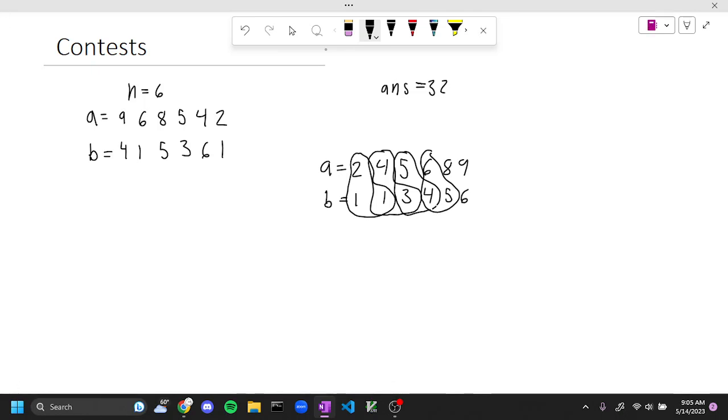Sorry, so 2 takes up this, 4 takes up this, 5 takes up this, 6 takes up this. And so 8 can take up this.